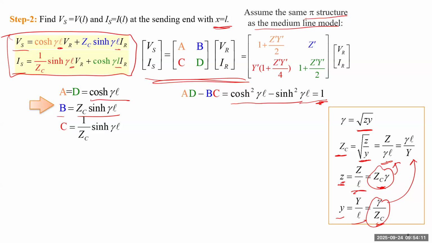Because for the medium line, we know ABCD, A will be equal to 1 plus Z times Y divided by 2, B will be the Z prime, D will be equal to A, and C will be equal to this item.